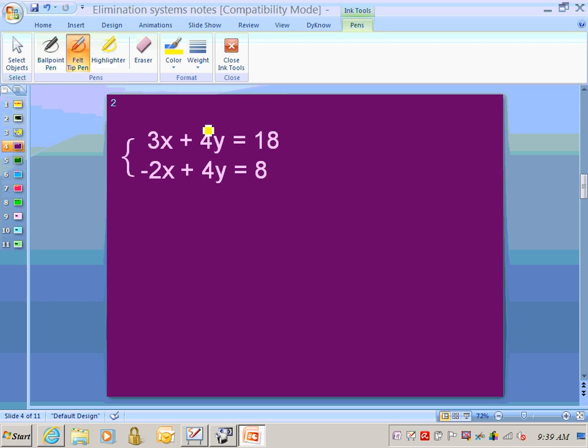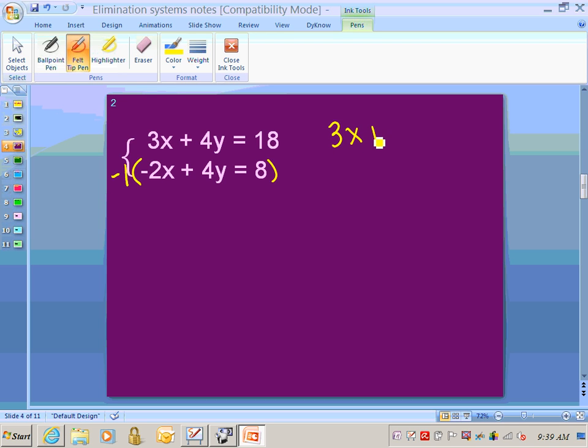Okay? If we have a positive 4, what would be the easiest thing for this to turn into? Negative 4. And it doesn't matter which one's positive and which one's negative. You can do it to the top one if you want. But if I did the bottom one, so if we're going to multiply the bottom one by negative 1, okay, what I want you to do is rewrite the top.